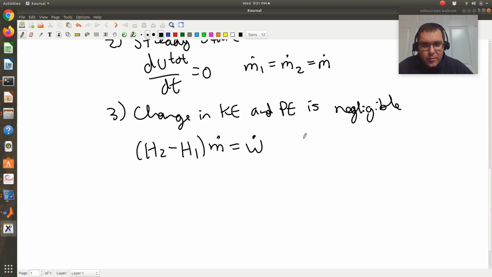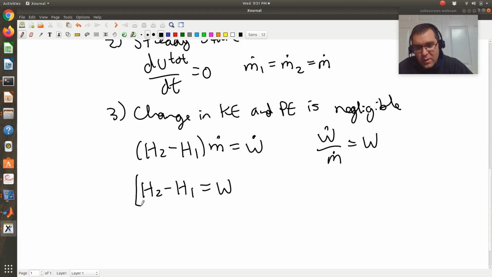Now if I divide through by m dot, W dot over m dot is energy per time, and m dot is mass per time. So this just works out to my specific or molar work. So my first law balance for this problem is going to be H2 minus H1 is equal to W.